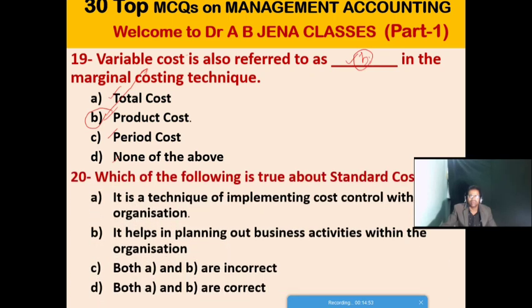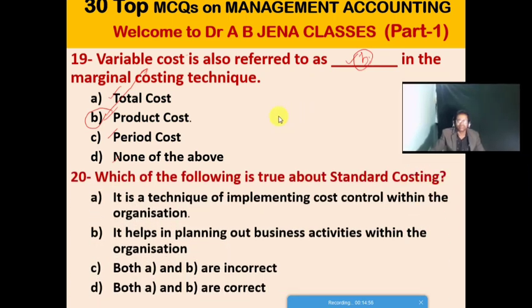So next MCQ. Which of the following is true about standard costing? A, it is a technique of implementing cost control within the organization. B, it helps in planning out business activities within the organization. C, both A and B are incorrect.